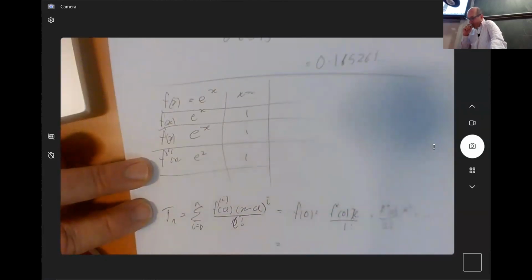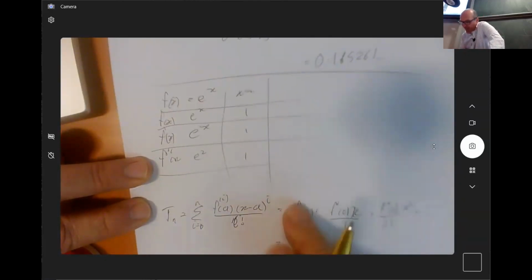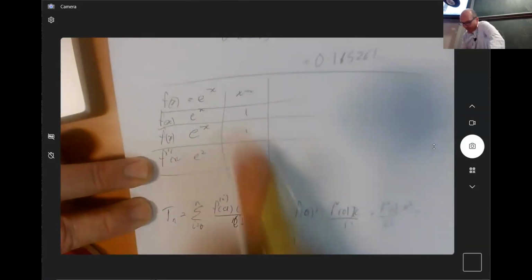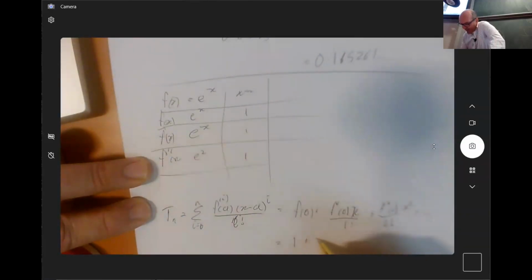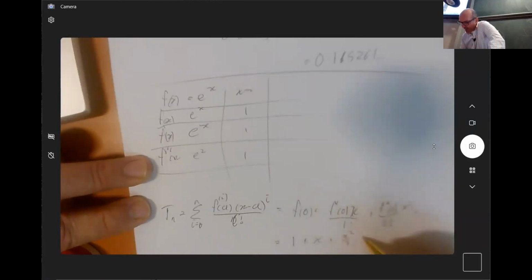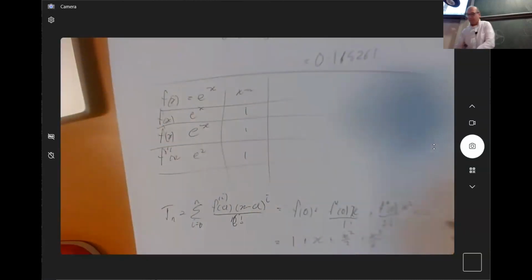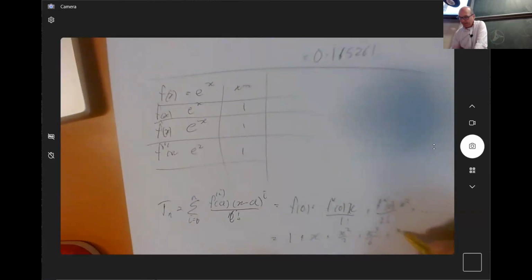This number is 1, this number is 1, this number is 1. So this is going to be plus x, and then plus x squared on 2, plus x cubed on 3 factorial, which is 6, plus x to the 4 on 4 factorial, which is 24, plus x to the 5 on 5 factorial, 120, dot, dot, dot.